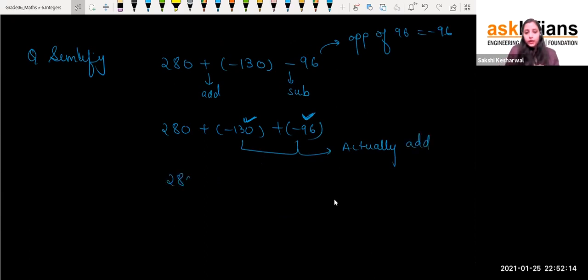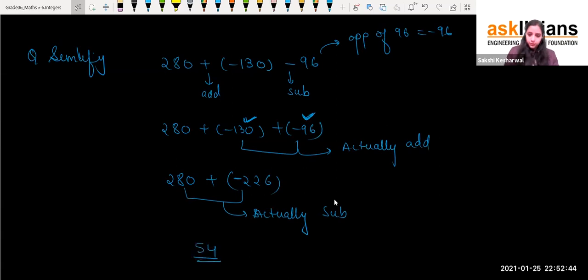So 280 plus of minus 130, minus 96 will be equal to negative 226. Yes or no? Now it is again the addition of one positive and one negative, so you will actually be subtracting. So your answer will be 280 minus 226, which is equal to 54, right?